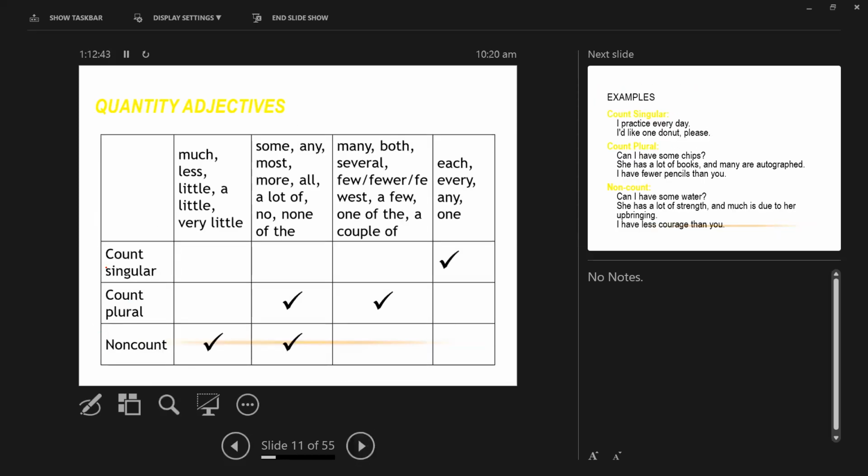Okay, so we have count singular, count plural, and non-count. Count singular are words such as each, every, any, one. Okay, for example, there is one book on the table.